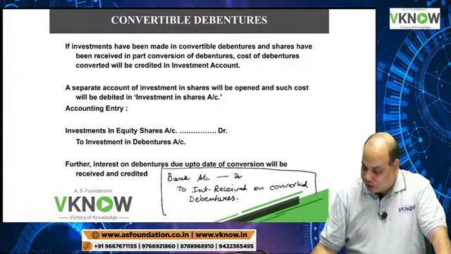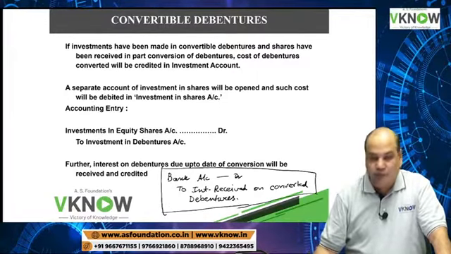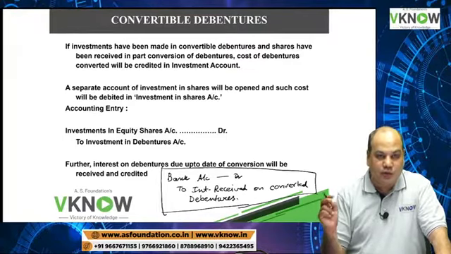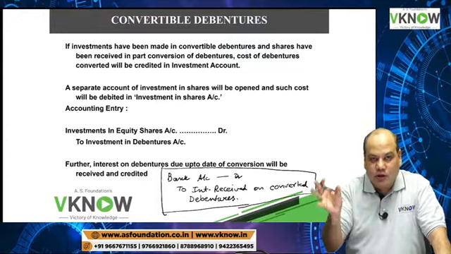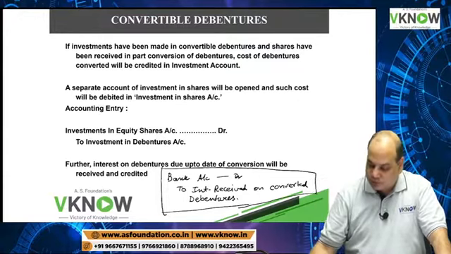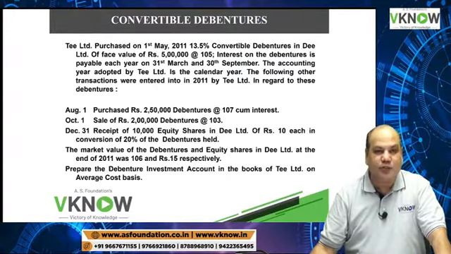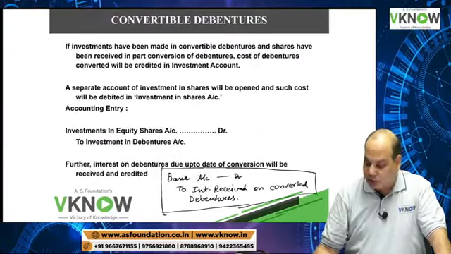Sometimes the student may forget to pass this entry. You have to pass the entry for interest received from the last date of interest payment till the date of conversion, if conversion takes place between two interest payment dates.